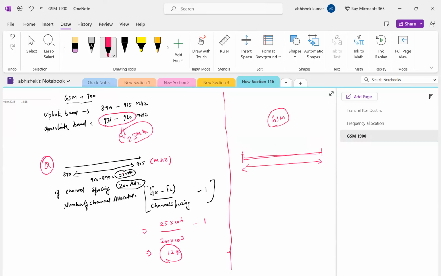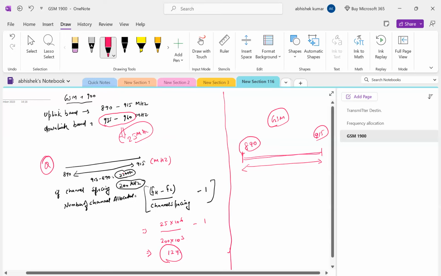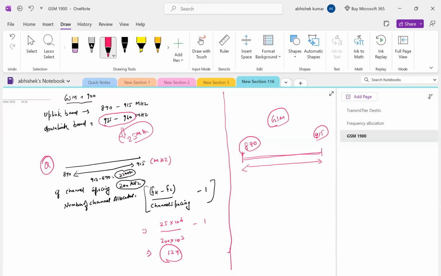GSM is for mobile communication. 890 to 915 megahertz is allocated for mobile communication. Do we have only one channel? There are several channels in mobile communication. So each channel must have some of its own band. Are you getting my point?